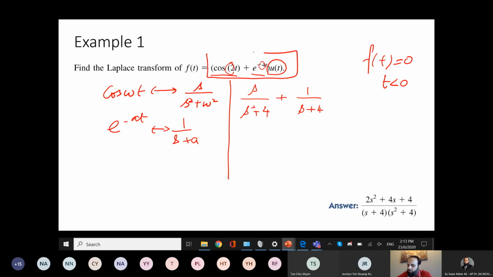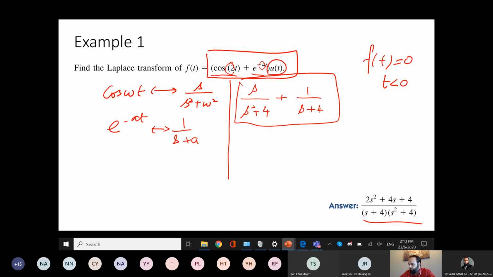I hope you guys are okay. Now, if we want to simplify it, we can do so and get the answer. As long as you are not using a wrong property or a wrong Laplace transform, leaving it like this is also acceptable. If you simplify it, then it's even better. Can I proceed?